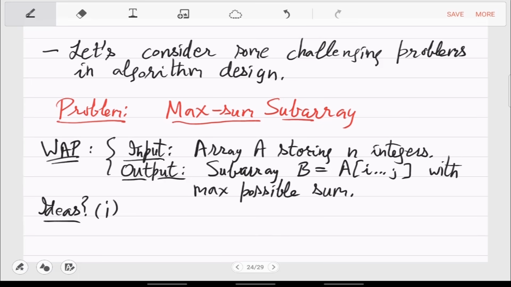The first idea is just a double for loop, go over i, go over j, but then for i to j you also have to sum up. So it's n times n times n. It's an n cube algorithm. That is the first idea. Is that clear?